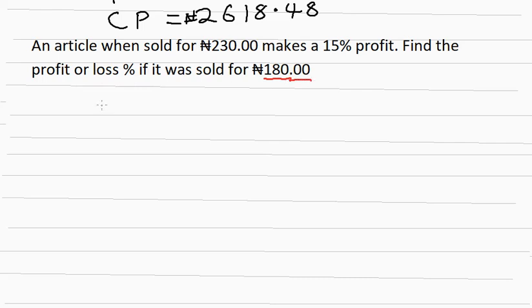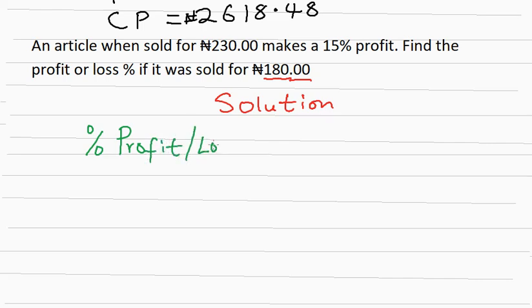And you know very well that for you to calculate percentage profit, or even loss, you need to have your selling price minus the cost price divided by the cost price, then times 100.